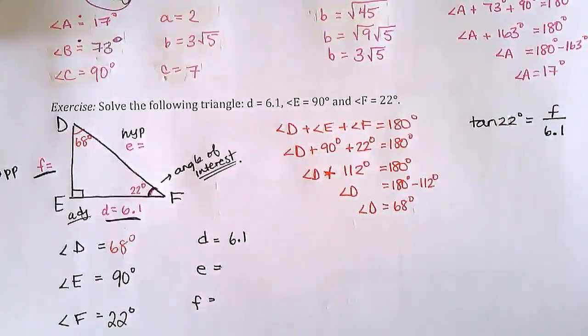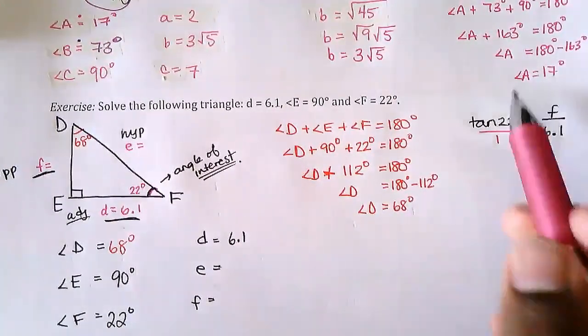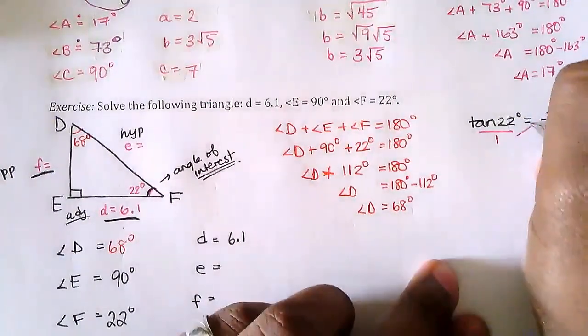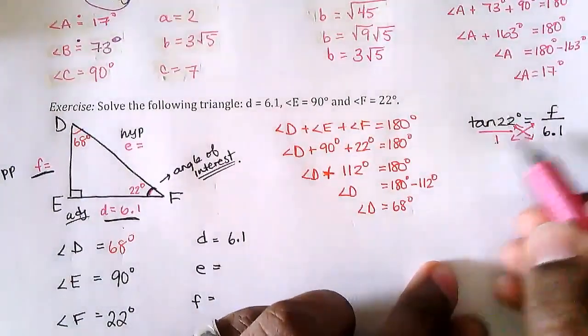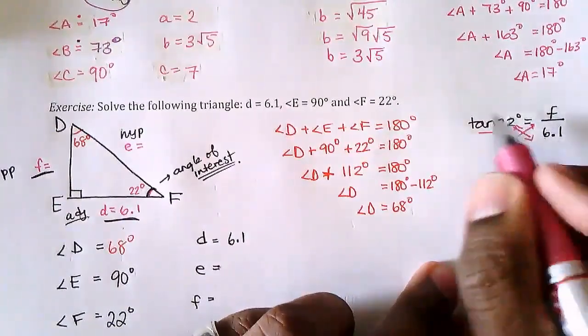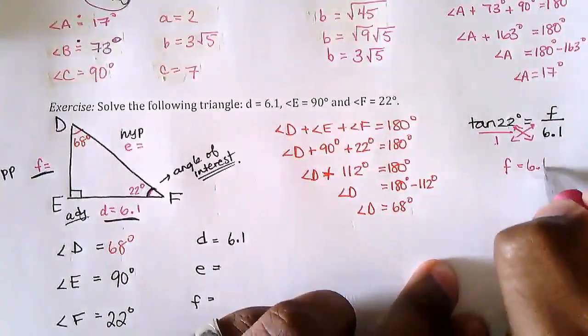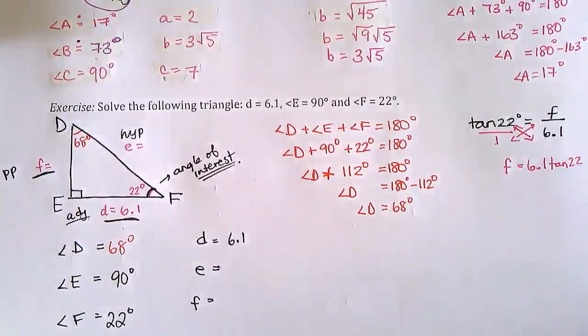These are the types of questions we saw today, where we're trying to solve for a side length. So we make two fractions, and then we do the cross multiplication. So on this side, we have 1 times f, which is f. And this side, we have 6.1 times tan 22, which is 6.1 tan 22. Remember, the number comes up front.